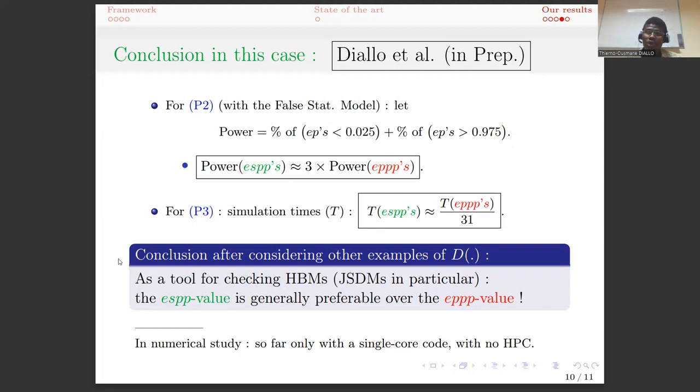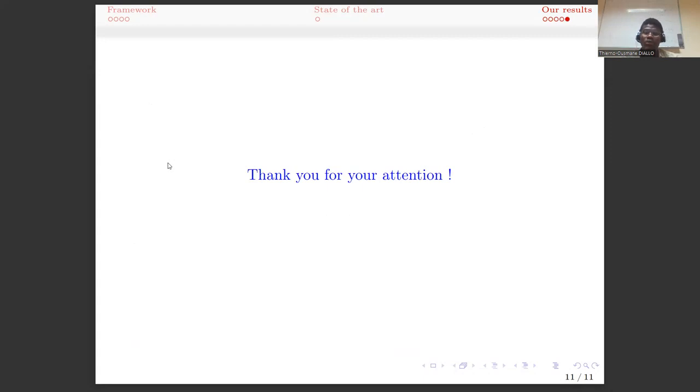We are looking for other examples of hierarchical Bayesian models to verify our finding. Thank you for your attention.